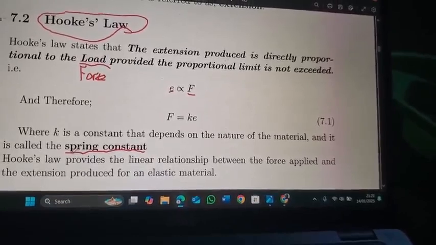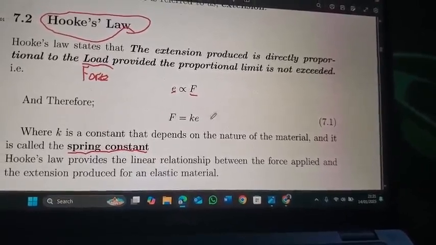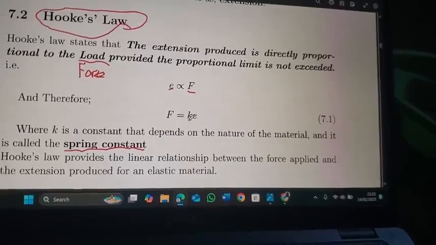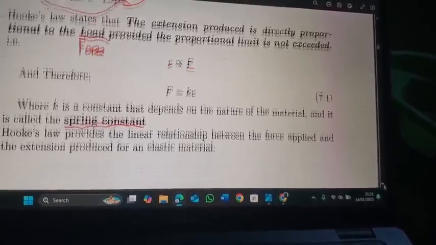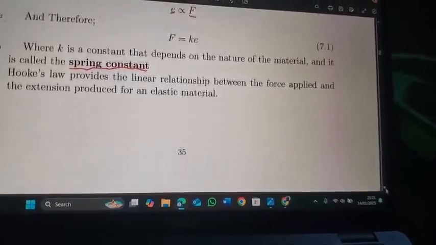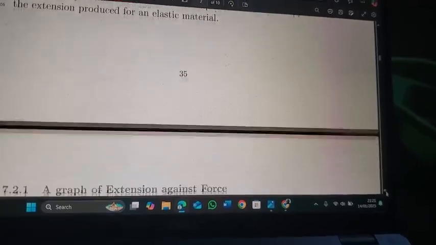Sometimes it is also called the spring constant. This is for the spring, this K here. So we shall apply this law a lot, more especially on the numerical examples.